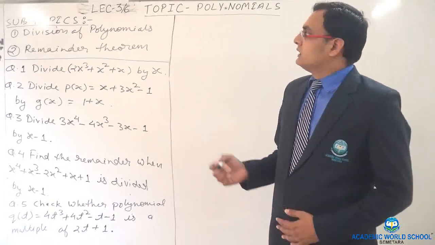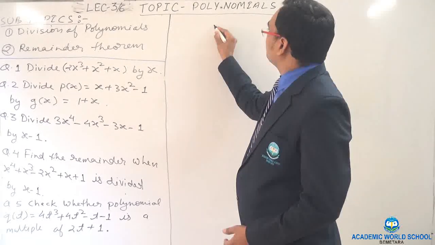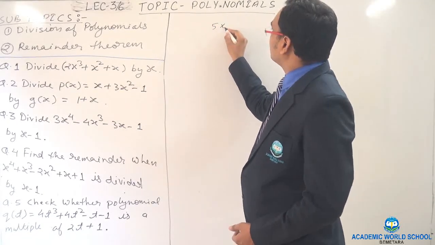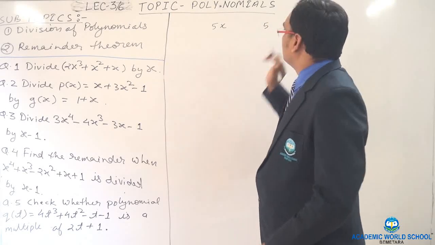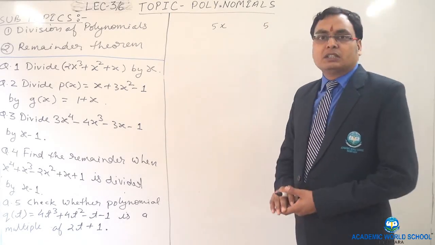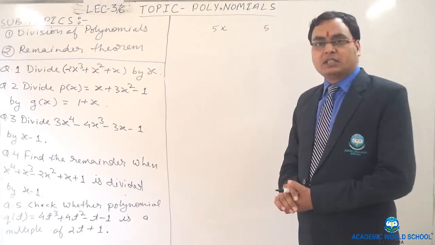For example, suppose there are two simple polynomials, 5x, and another polynomial, suppose 5 only. We know this is a monomial of degree 1 and this is a constant polynomial.